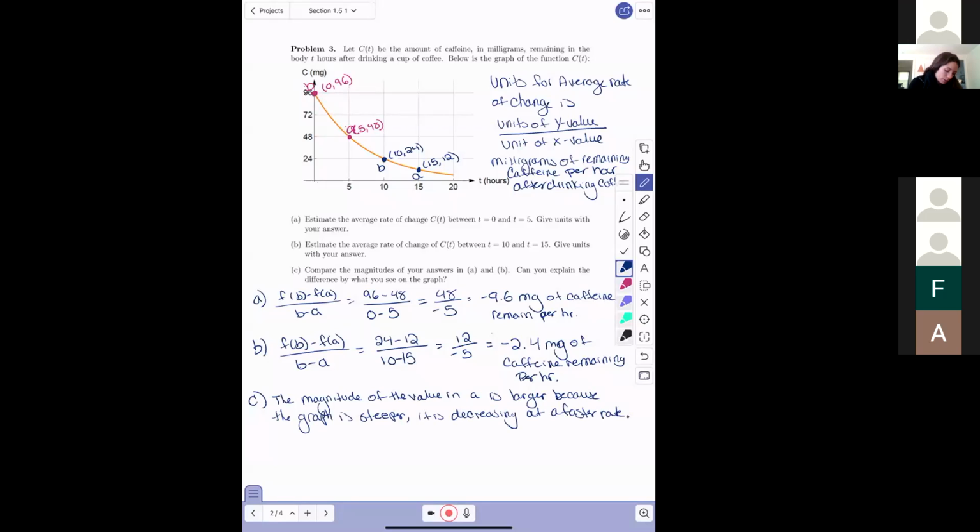Great. On the interval in part B, the graph begins flattening out, which is why we're still losing caffeine, but we're losing it at a slower rate because there's less to lose.